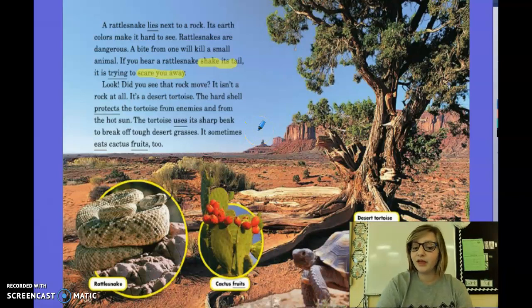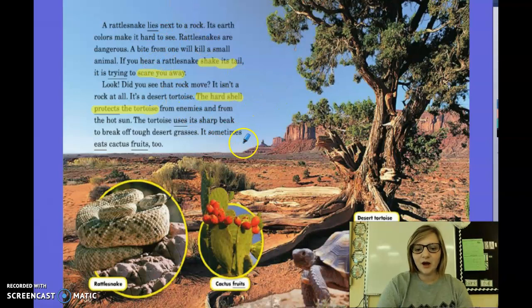Now let's look at the tortoise. Can the tortoise protect itself? I read here, the hard shell protects the tortoise from enemies. Okay, so both animals have ways to protect themselves. They have adaptations that help them stay protected. All right, now let's see maybe how they're different.